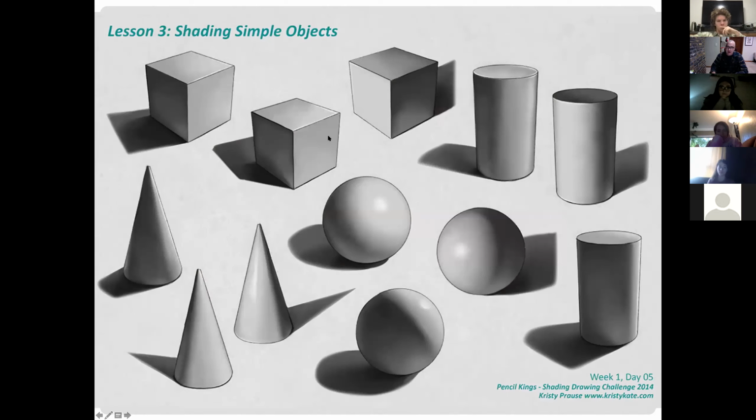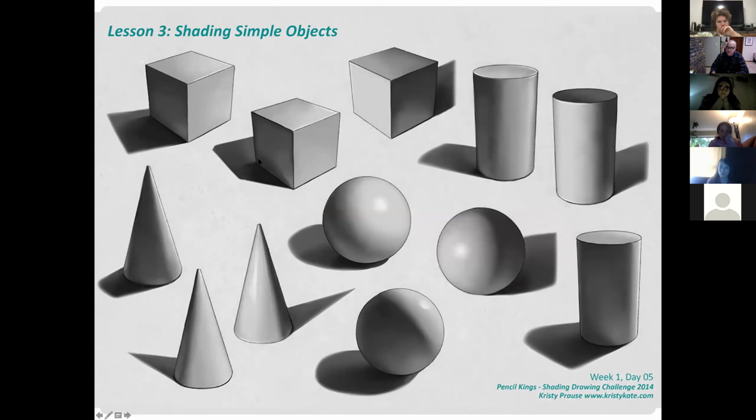So here's a bunch of the seven aspects of light hitting different objects. And you can see how it affects them in different ways. But even on this square, you can see the direct light, you can see halftone, core shadow, reflected light, and occlusion shadow.